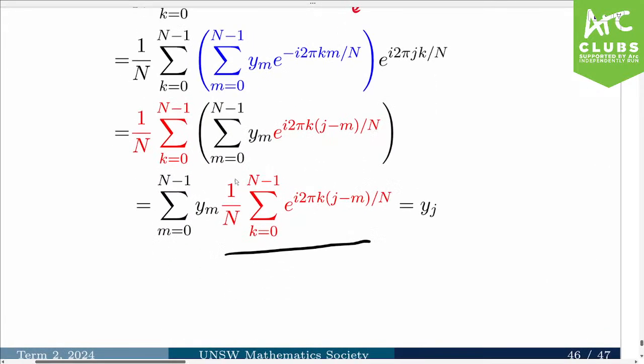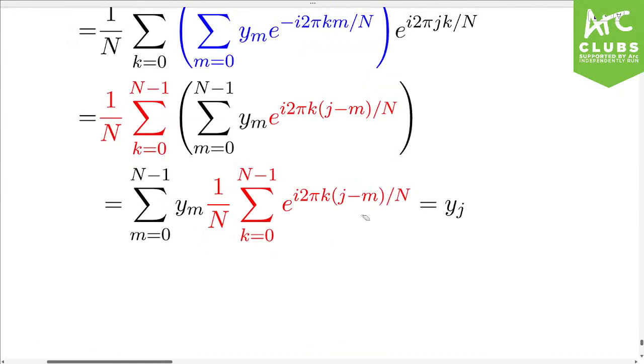And the important thing about this term is that if j is equal to m, this thing is equal to 1.